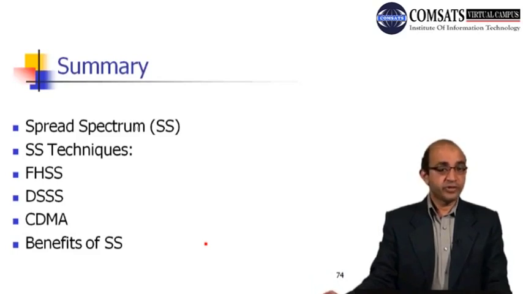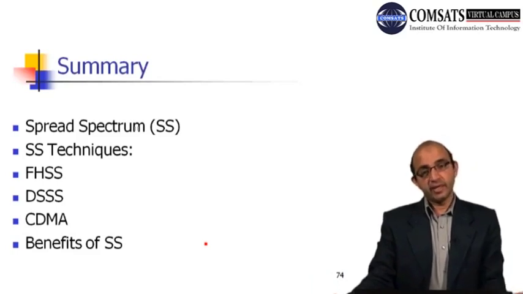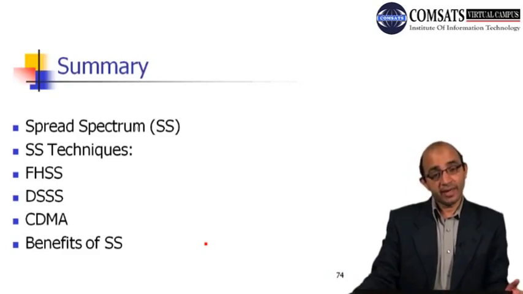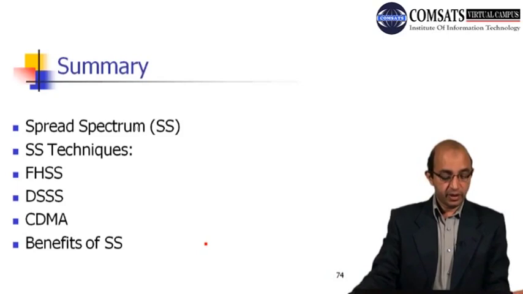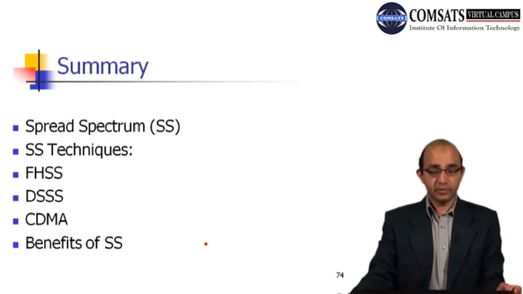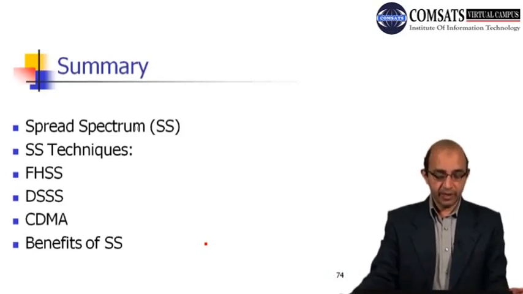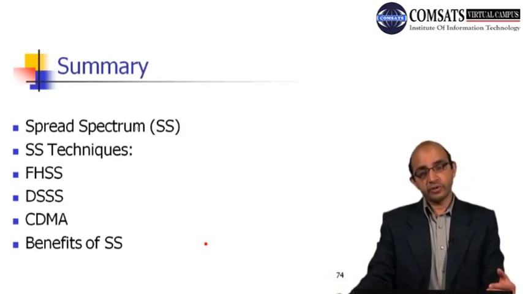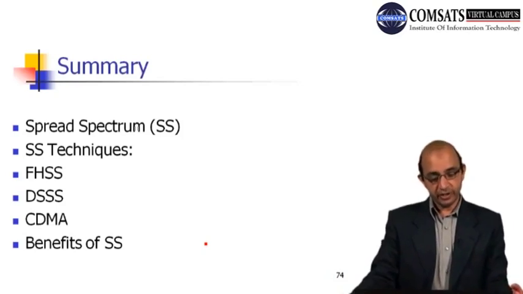First, we have frequency hopping spread spectrum, and then we have direct sequence spread spectrum, and then we also discussed CDMA, code division multiple access, and finally we talked about different benefits of spread spectrum.